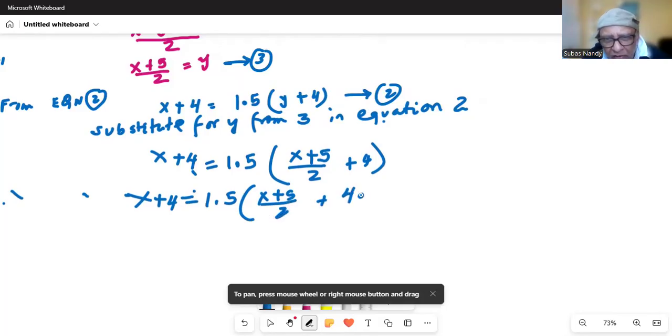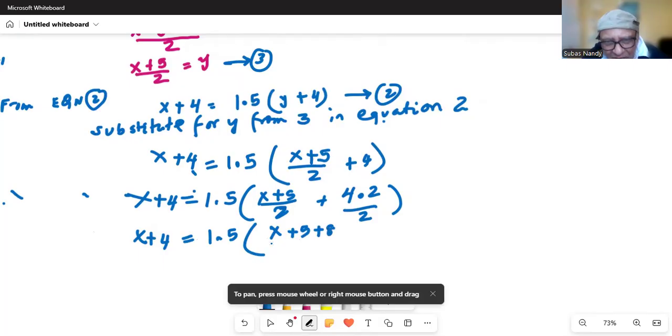I will write 4 times 2 divided by 2. Still we get 4, because 2 divided by 2 is 1. So why did I bring the 2? Because then the two terms have the same denominator and we can do the addition. So x plus 4 is equal to 1.5 times (x plus 5 plus 8)/2.